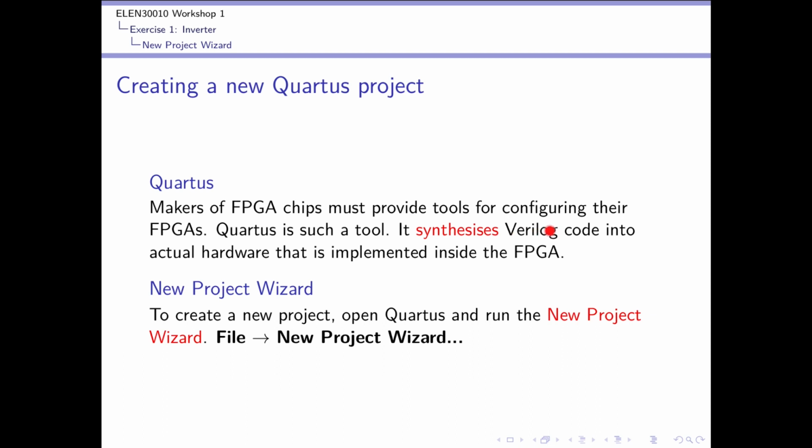So Verilog was invented to describe existing digital hardware. The way we now use it is that we actually want to go the other way round, and Verilog was not designed to do that, but we want to describe hardware in Verilog that doesn't yet exist, and then we want our Quartus software to somehow build that hardware from our description of it.